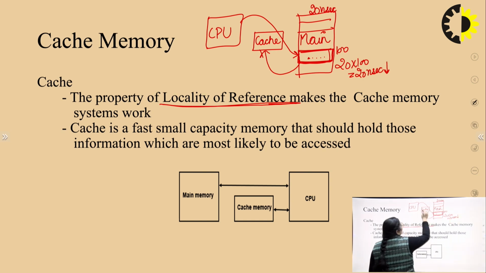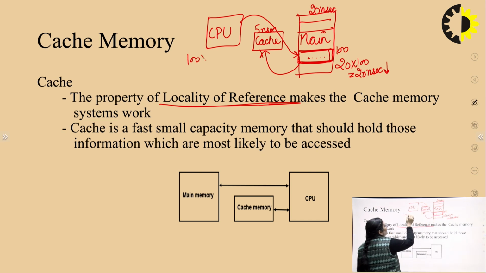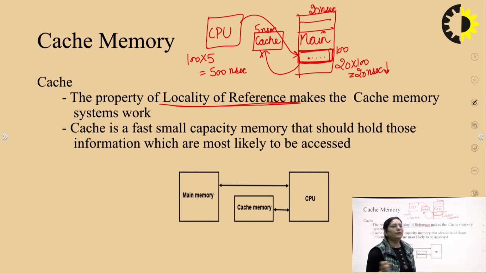Now suppose the cache access time is 5 nanoseconds. We took this data block and put it in the cache. Now the same 100 items accessed from the cache memory will take only 500 nanoseconds. So if we move this data to the cache memory, the total memory access time is reduced by a large amount.